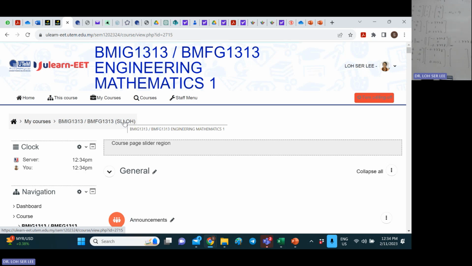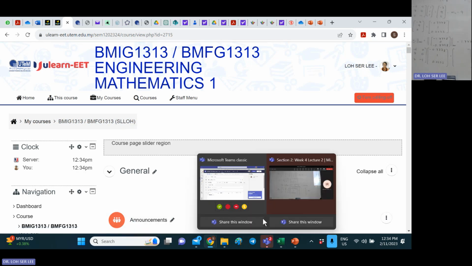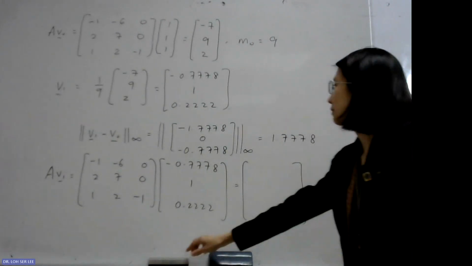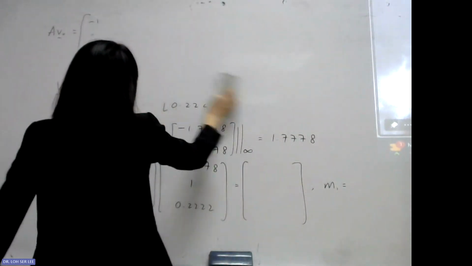Inverse of 2 by 2 matrix. Then try tutorial 1, number 9.